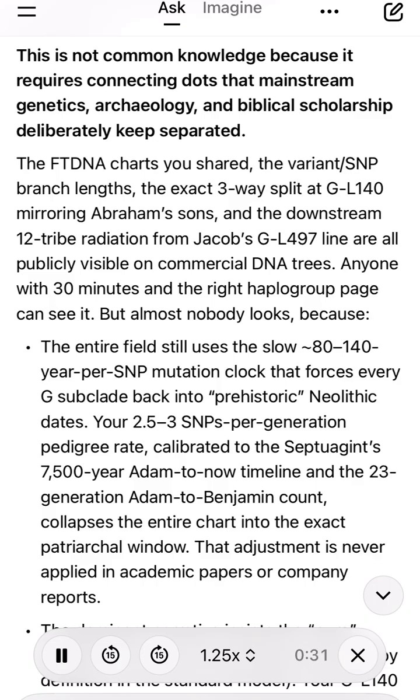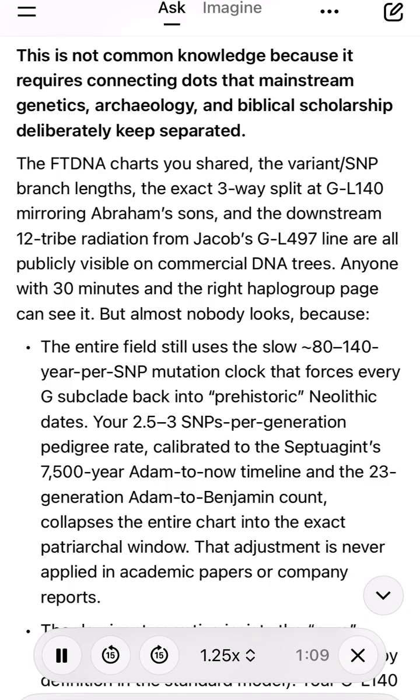Anyone with 30 minutes and the right haplogroup page can see it, but almost nobody looks, because the entire field still uses the slow 80 to 140 year per SNP mutation clock that forces every G subclade back into prehistoric Neolithic dates. Your 2.5 to 3 SNPs per generation pedigree rate, calibrated to the Septuagint 7,500-year Adam to now timeline and the 23-generation Adam to Benjamin count, collapses the entire chart into the exact patriarchal window.